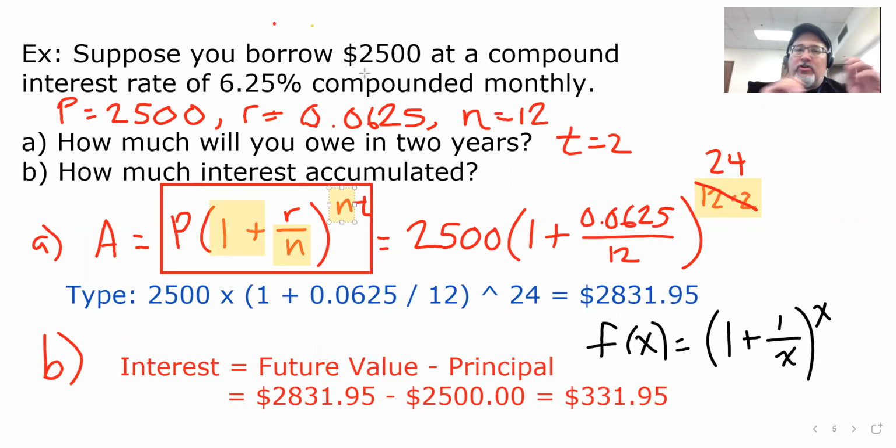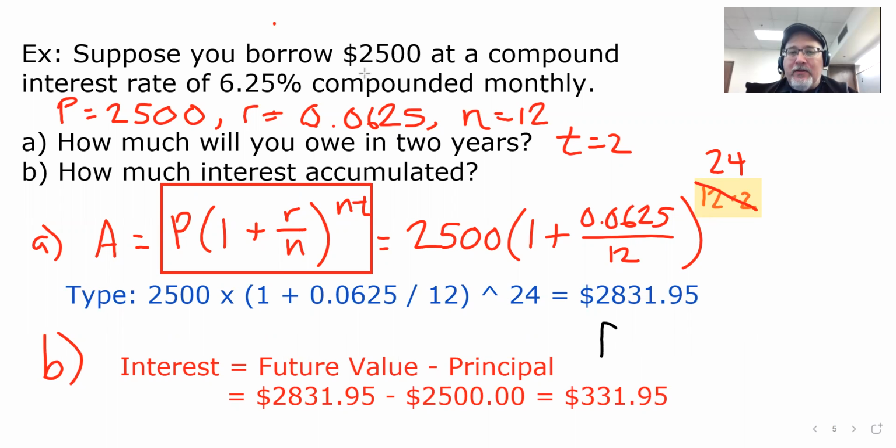The r and the t are just tagging along, if you will. They're riding the coattails of everything else. But because the compound interest formula is structurally similar to the function that creates the horizontal asymptote at y equals e, it's not a coincidence. Let's think about it.